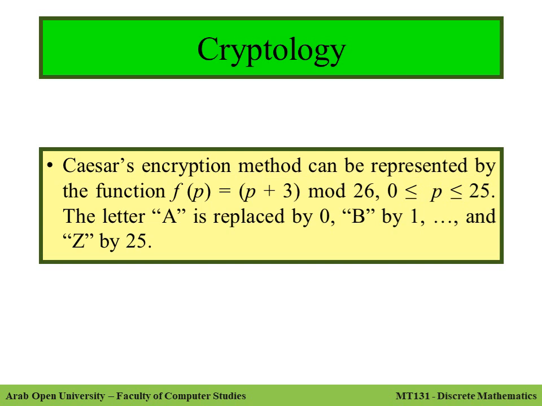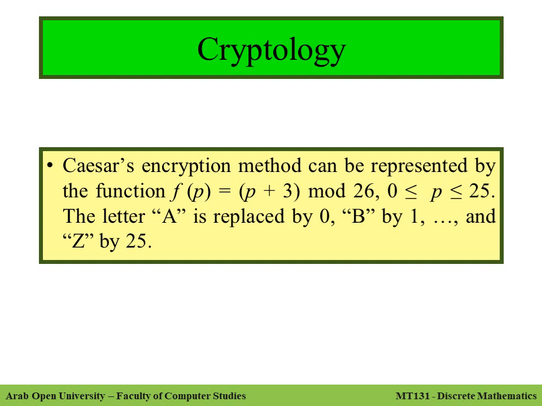To start with the alphabet A to Z, you are replacing the letters by numbers starting from 0 for A, 1 for B, 2 for C. The last letter would be 25 for the letter Z. And then you replace the letters of the original message by the new values.